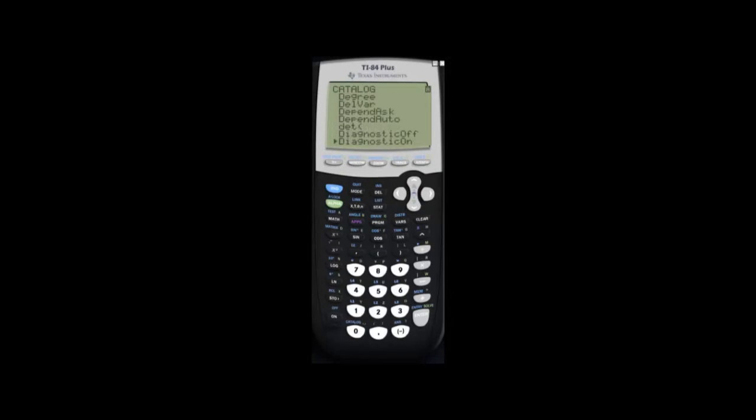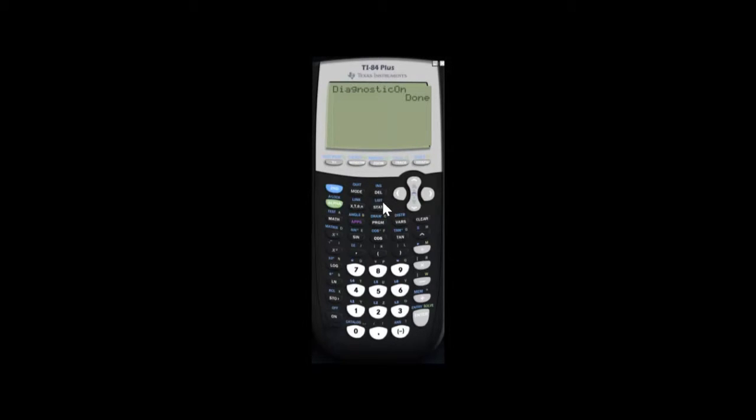Scrolling down, you see diagnostic on. Once you're there, you hit enter. Now, you won't have to do this each time, but if you reset the calculator, you will have to. I could turn the calculator on and back off, and the diagnostic would still be on, but resetting the calculator, we'll have to redo that process.